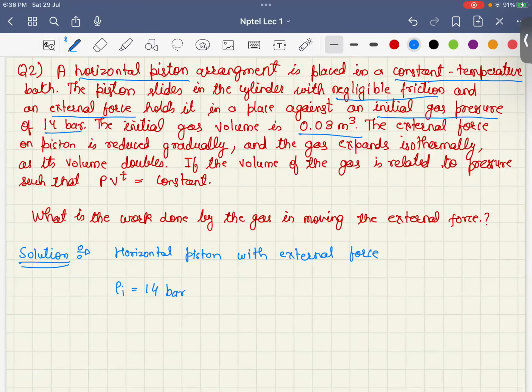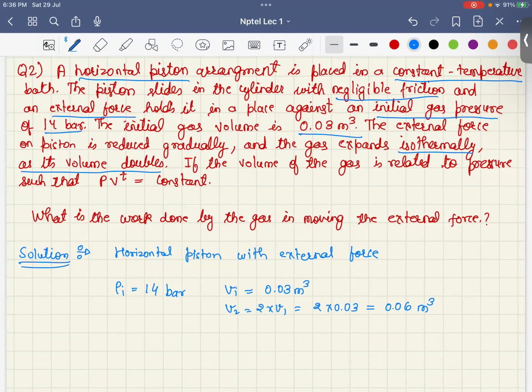And the initial gas volume is also given as Vi is 0.03 meter cube, and the external pressure on the piston is reduced gradually, and the gas expands isothermally as its volume doubles. So V2 is going to be nothing but 2 into V1, which is 2 into 0.03, which is 0.06 meter cube, right?